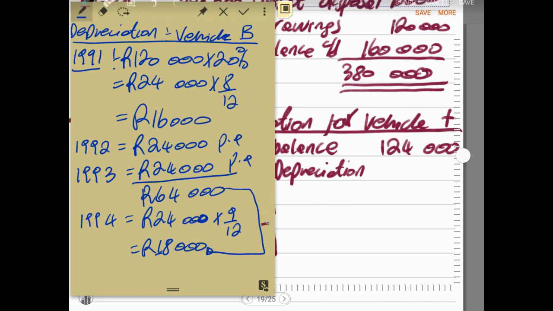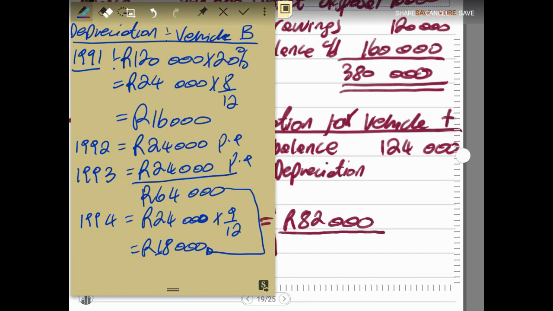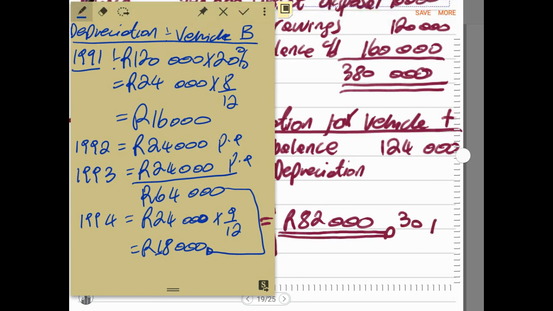If you add the two, 64,000 plus 18,000, that will give us an amount of 82,000 rands. It means the total accumulated depreciation for motor vehicle B until the 30th of November, because the owner took that at the end of November, is 82,000 rands.